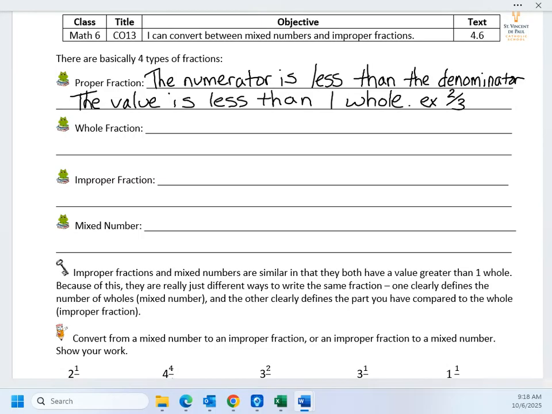A whole fraction, the numerator is equal to the denominator.